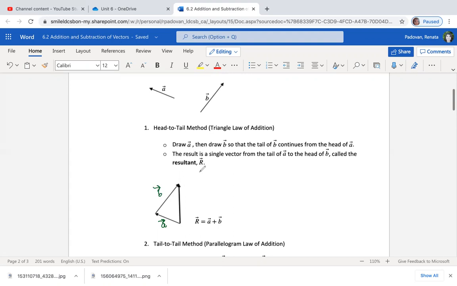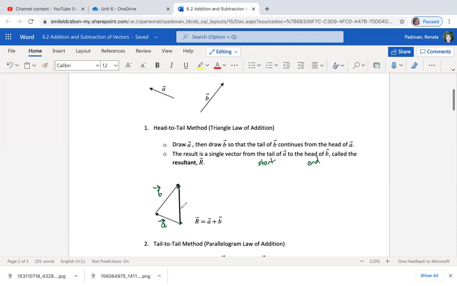Then the result of adding them: when you add them together you get a single vector, and you start at the tail of vector A, the beginning of vector A, to the head of B. The head of B is the endpoint of B. So you go from where you first started your diagram to where you ended your diagram, and you put an arrow at the end.